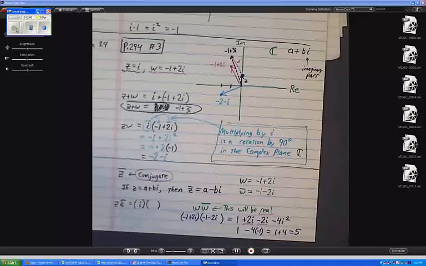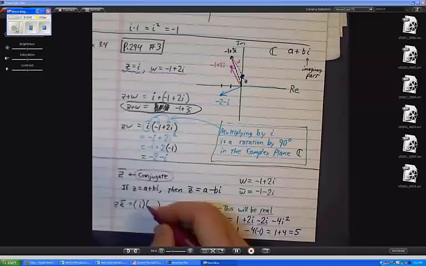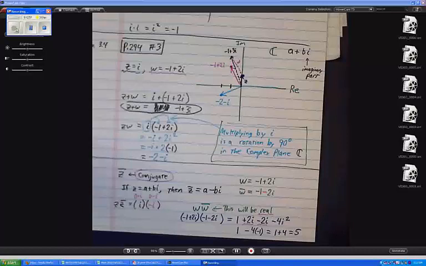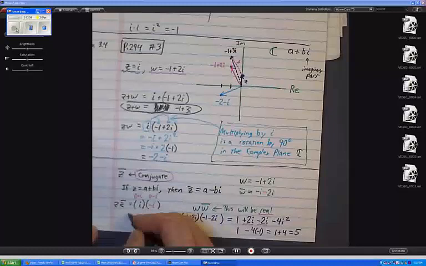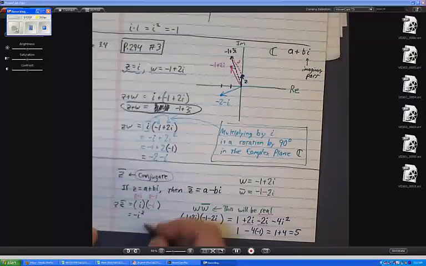It's going to be minus I, because you could think of I as 0 plus I, and so this would be 0 minus I. So to get ZZ bar, I have to multiply I times -I. And that's -I squared, which is what? It's -1, right? So it equals, like you guys said, 1.